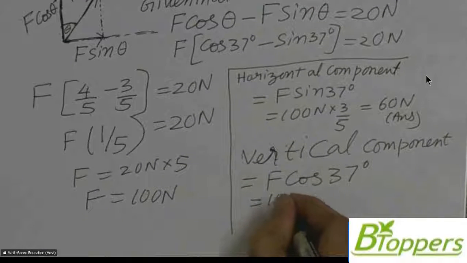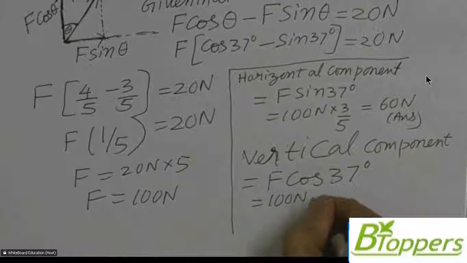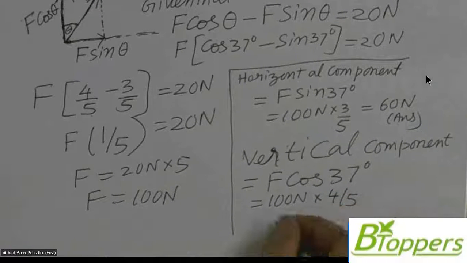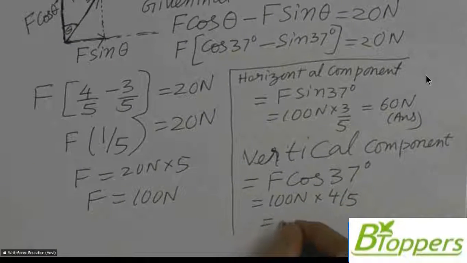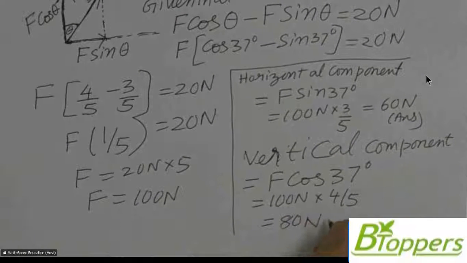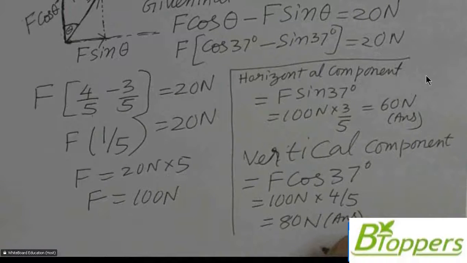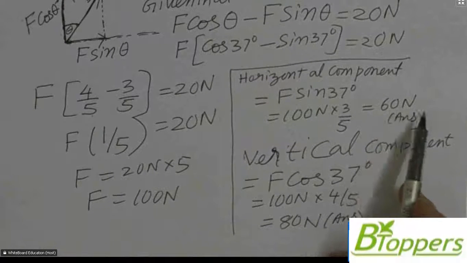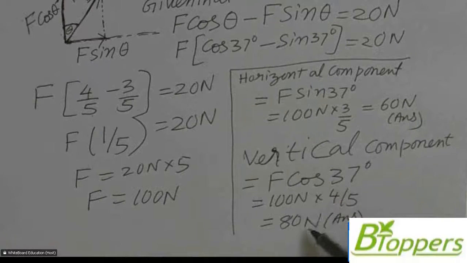So we got F equal to 100 Newton and cos 37 degrees equal to 4 by 5. So you get magnitude of the vertical component as 80 Newton. So that's the answer. It means magnitude of the horizontal component of the force is 60 Newtons and magnitude of the vertical component of the force is 80 Newtons.